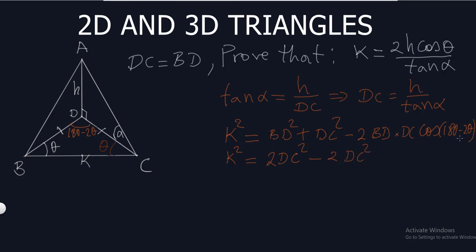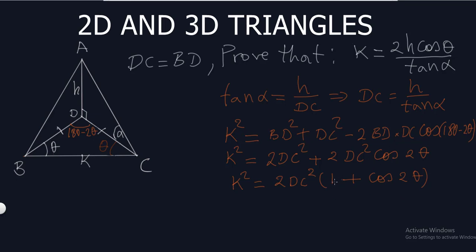Now cos of 180 minus 2 theta will be negative, since in the second quadrant cos is negative, so negative of this factor with this negative will be plus, therefore we have cos 2 theta. So now we can say K squared. What is the common factor here? The common factor will be 2DC squared, and what will remain here? 1 plus cos 2 theta.